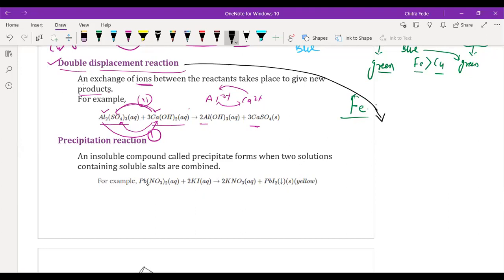The reaction in which the ions of the reactants exchange with each other.